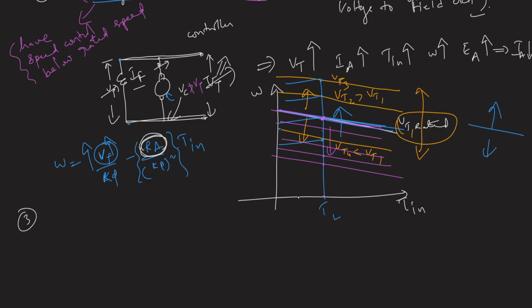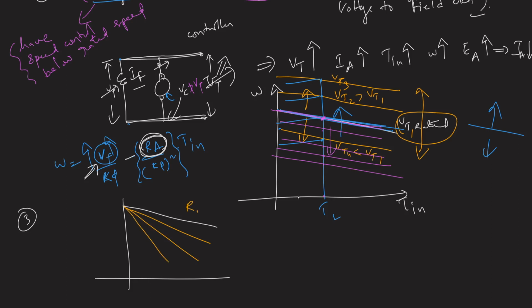So what is going to happen here? If I vary the numerator of this slope component, definitely the intercept will remain the same, but the negative slope will increase. So the characteristics will be, if initially it is like this, now the new characteristics will be like this.